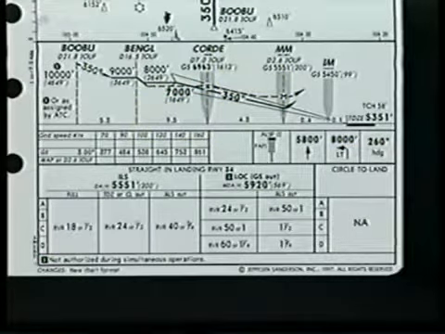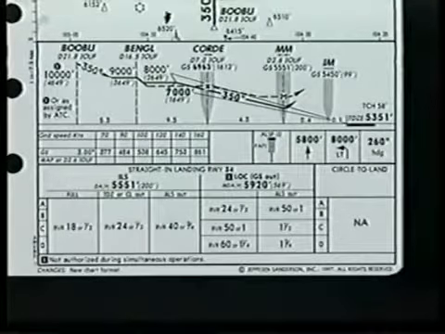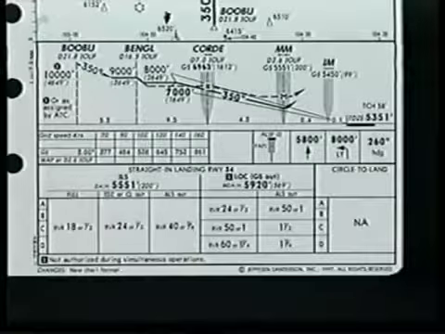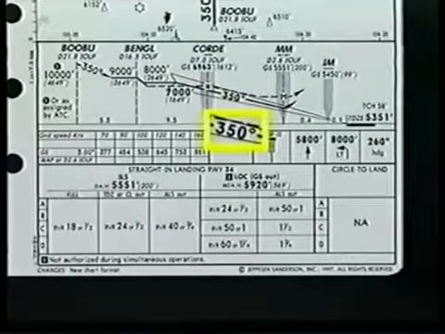The profile view graphic also shows the existence of any step-down fixes and altitudes between the FAF and MAP.